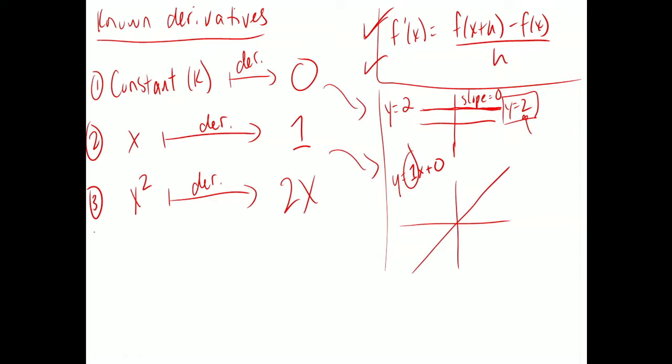And I think we did even one more. I think we did x cubed, and we computed that the derivative was 3x squared. I don't think we know how to do the derivative of a whole lot else.